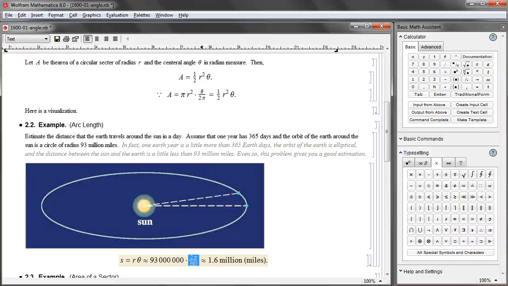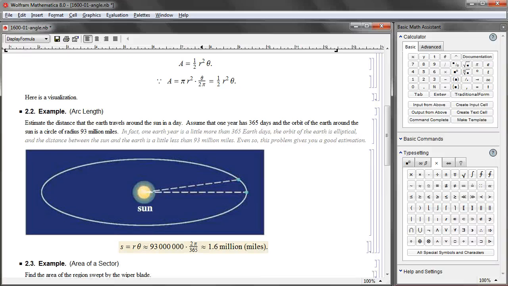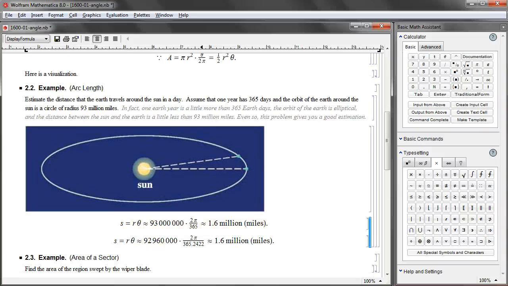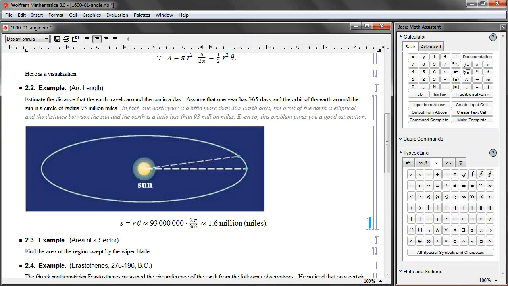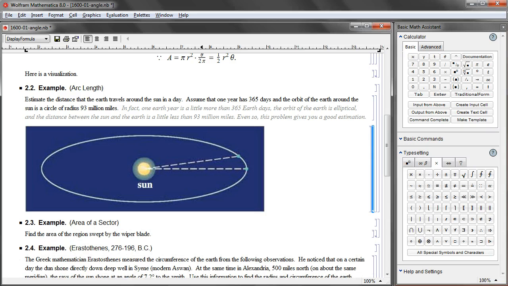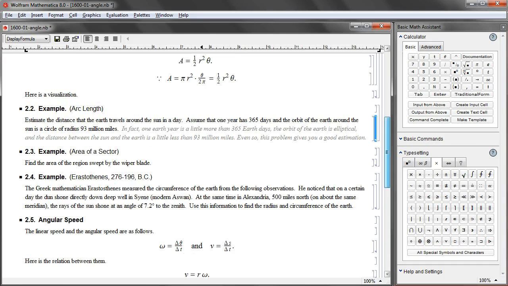The calculation yields about 1.6 million miles. Here's a little bit more accurate computation. Instead of 93 million miles, I use a more accurate radius, and instead of 365, I use a more accurate Earth day, including leap years and things like that. We end up with about the same value in terms of effective digits. Okay, one problem is done.